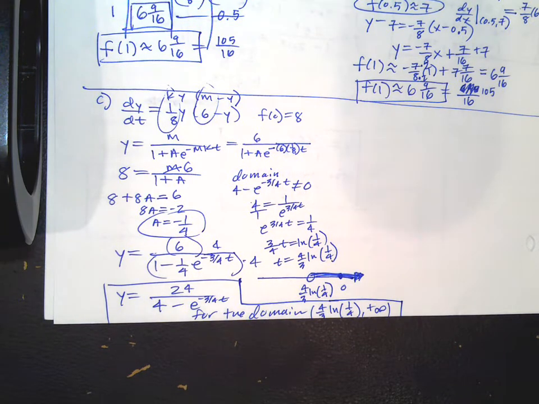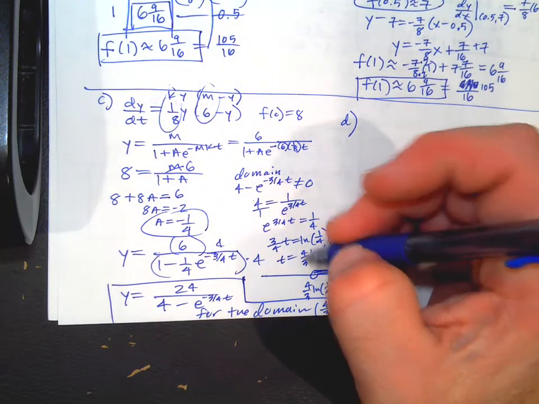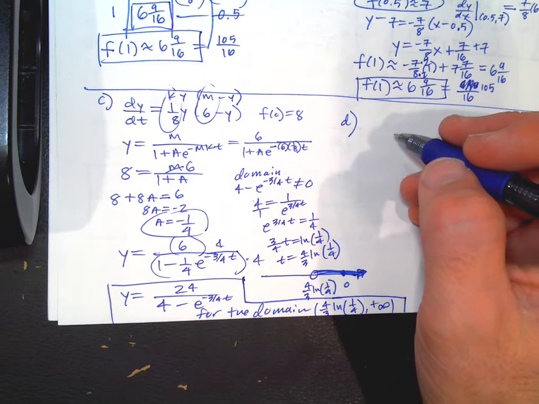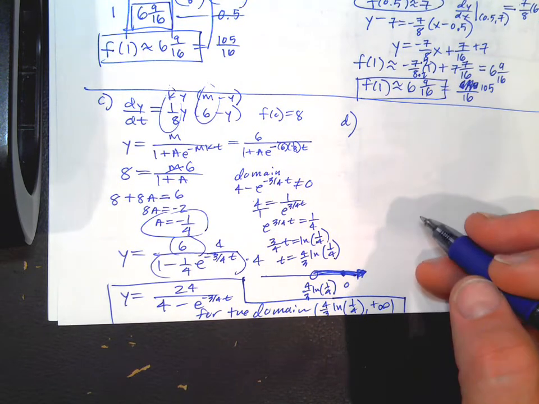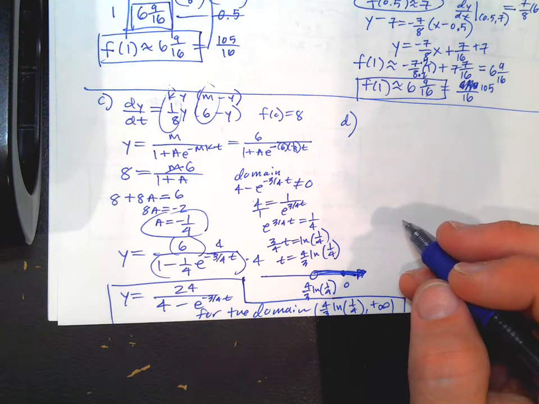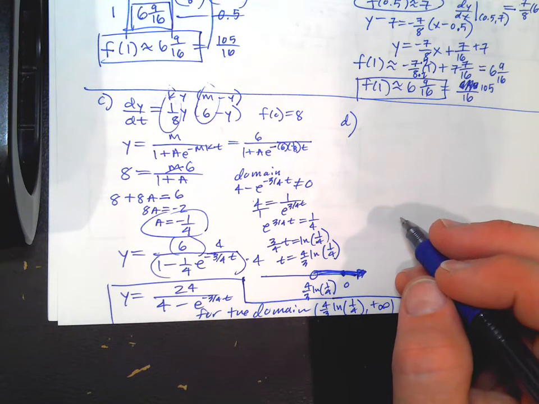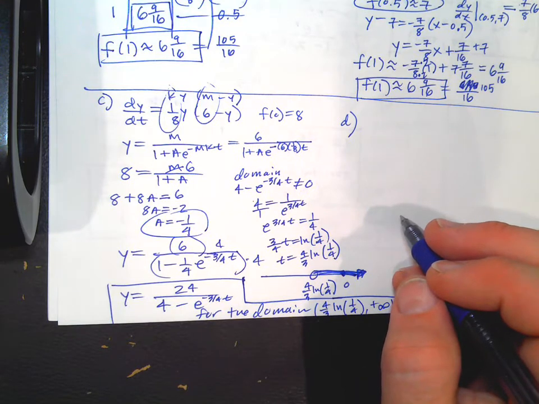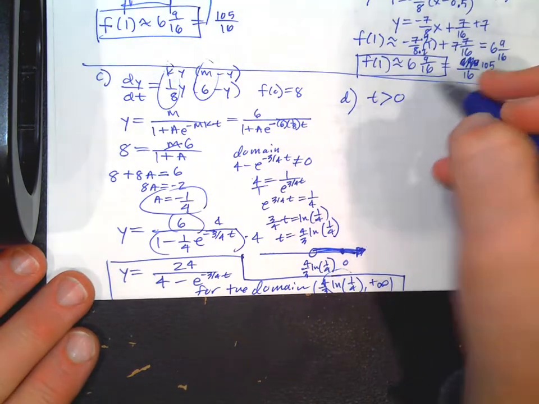Okay, part D: what is the range for your answer for t greater than 0? Well, based off the graph, t has to be greater than 0 for part D. The easiest way is to look at the picture.